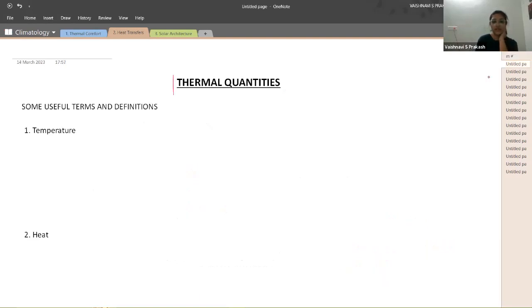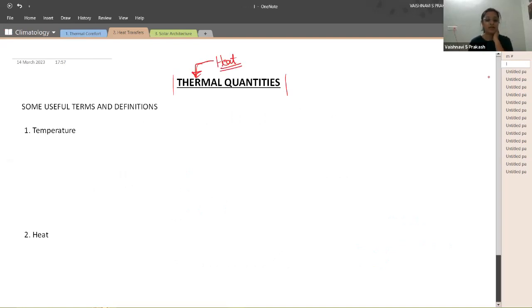Okay. First one, we're looking at thermal quantities. Again, thermal has always meant heat. Yesterday we saw dry bulb temperature and wet bulb temperature, right? So what exactly is temperature?